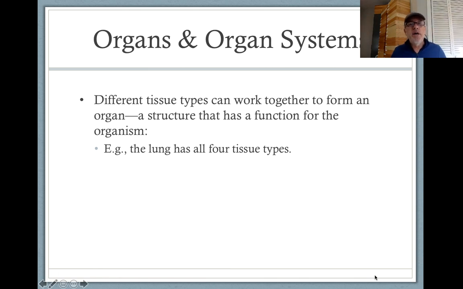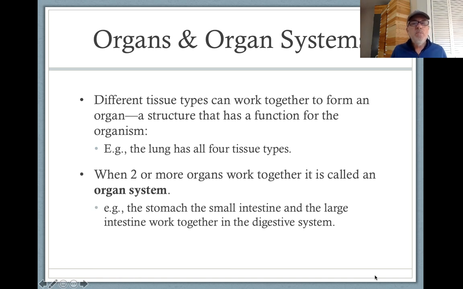Different tissues work together to form an organ, and an organ is a structure that has a function for the organism. So, for example, the lung has all 4 tissue types. Clearly, I have to move muscles to breathe, and then I have epithelial tissues, there's connective tissue holding it together, etc. When 2 or more organs work together, it's called an organ system.